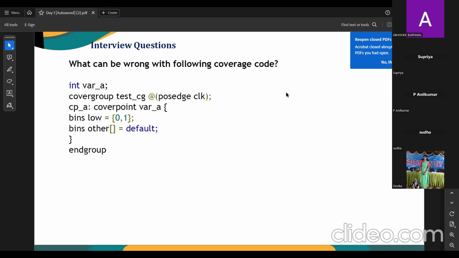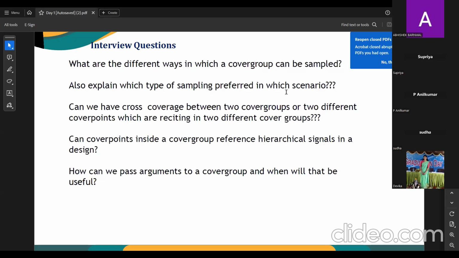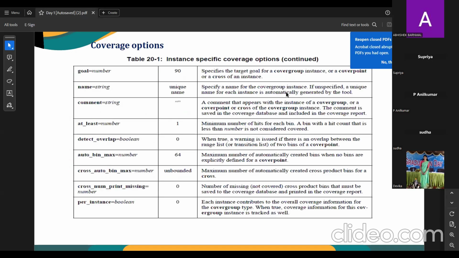Okay. So what is the main difference between immediate and concurrent assertions? Immediate assertions are evaluated immediately, in one single clock cycle. Concurrent assertions are spread over multiple clock cycles. Correct. Thank you.